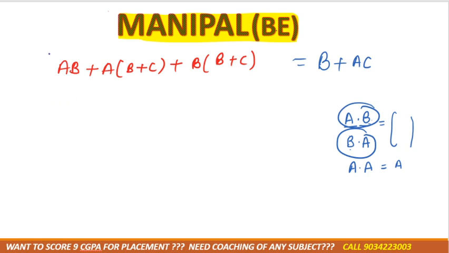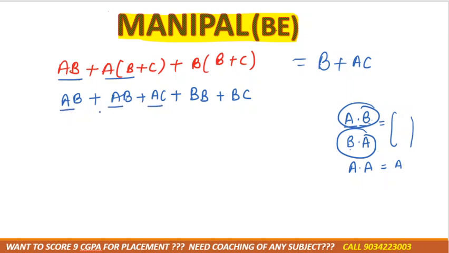We need to open the bracket, right? AA will remain as it is, plus AB plus AC plus BB plus BC, right? As you can see, in this term, this term, this term, we can take A common. We want AC, but we can't touch AC, so we will not take a term common from AC because we want AC as it is.